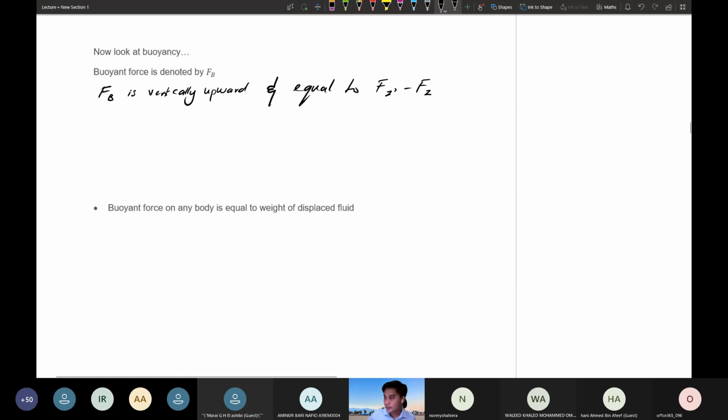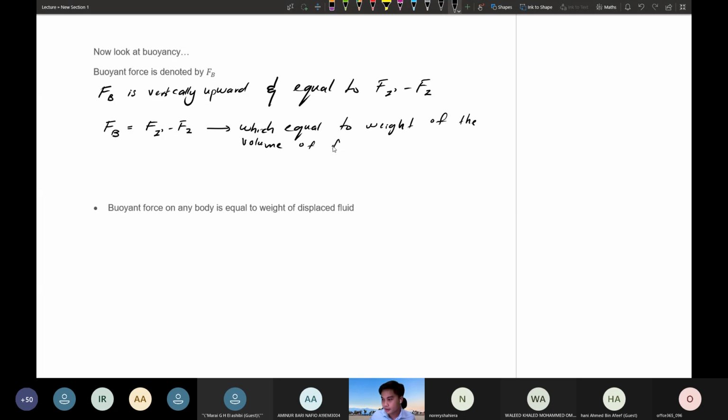Okay. So from here, to calculate the value of FB, the buoyancy force, Fz prime minus Fz, is equal to the weight of the volume of fluid.